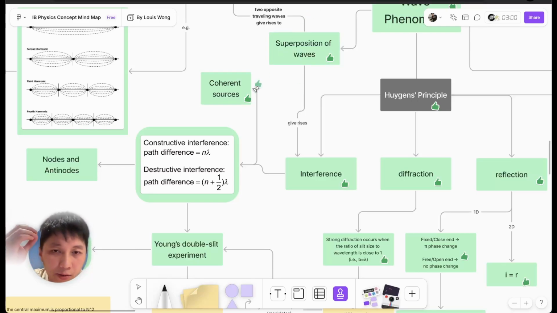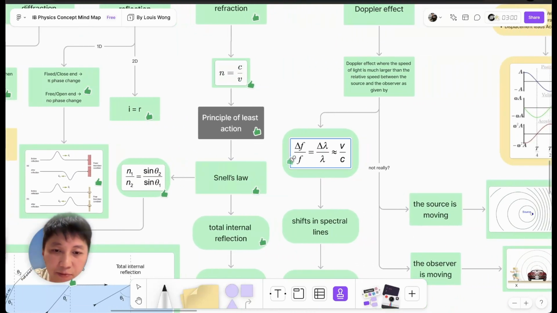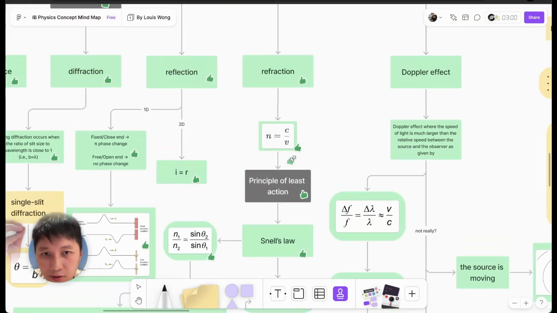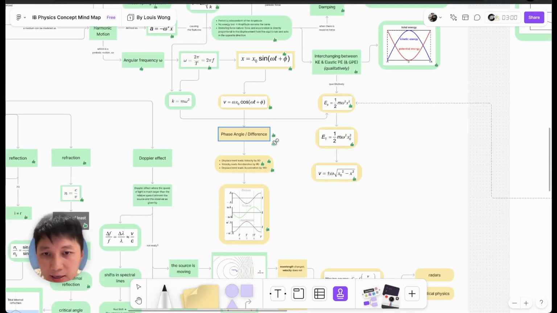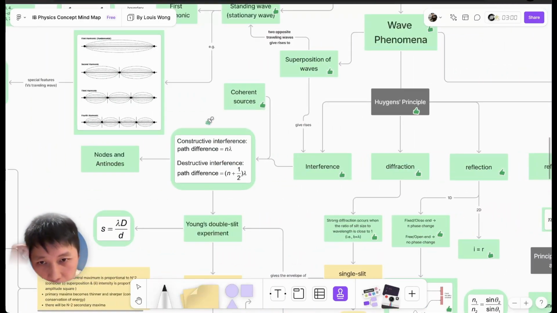So you should expect the word coherent as a requirement: same frequency and constant phase angle. You can have a phase angle, but it's a constant phase angle between two sources. That's why the ideas are so interconnected in terms of the phase.